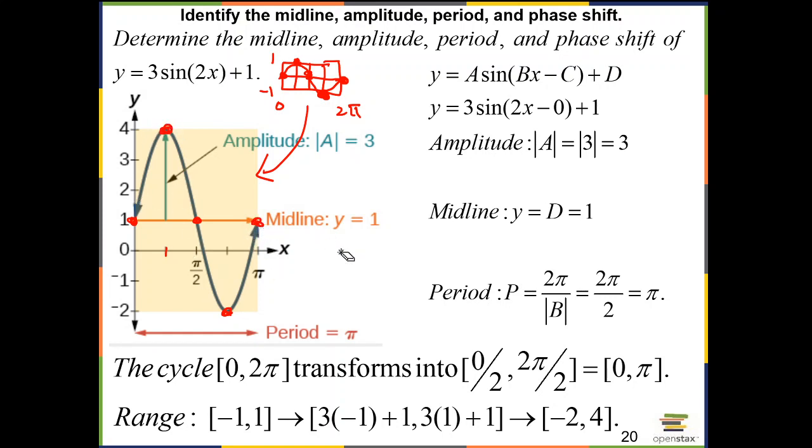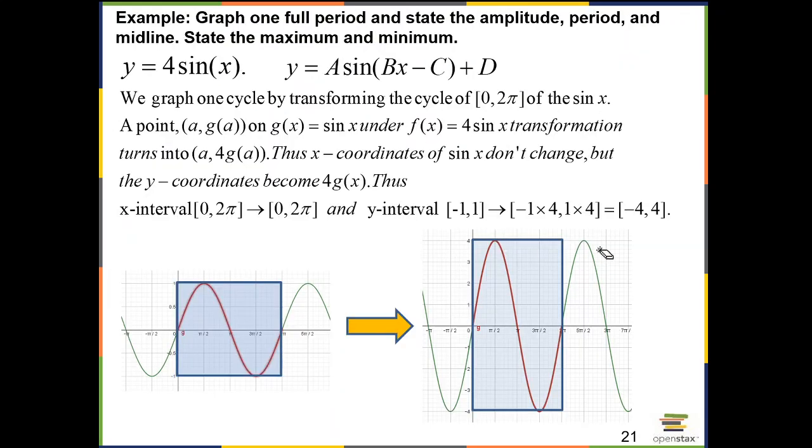And we're going to do it both ways. In this case, we got the period is pi, we got the midline, we got the amplitude, and there is no shift. So this is how we're going to try to graph this.